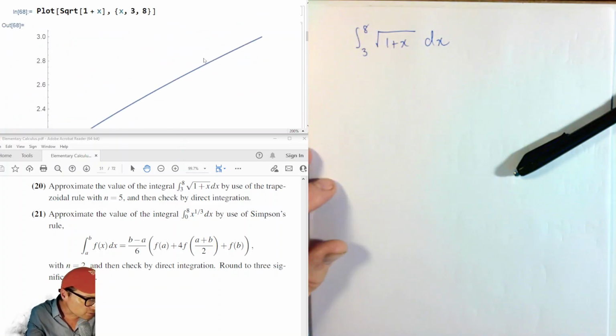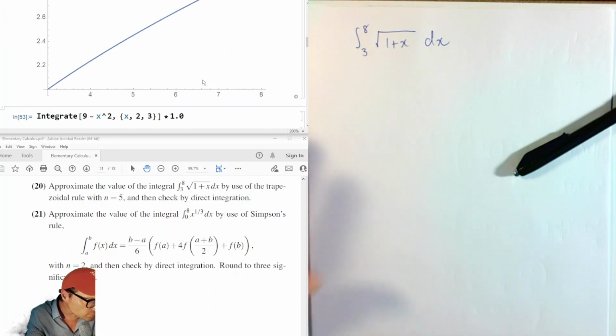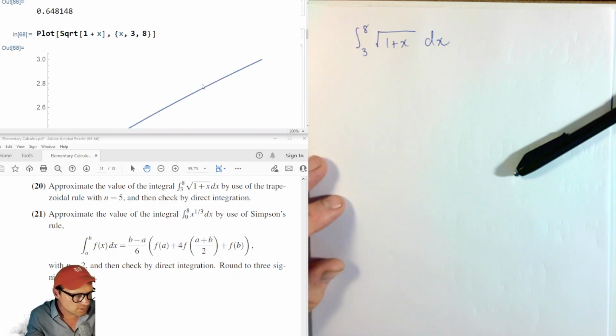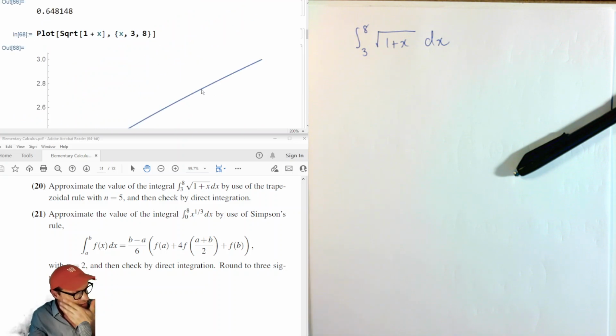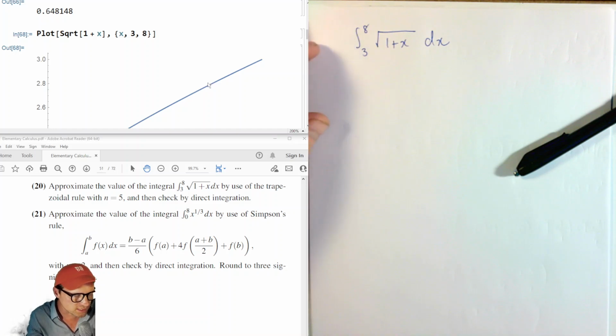Okay, it's slightly curved, it looks like, and increasing in this range. So use the trapezoidal rule with n equals 5.